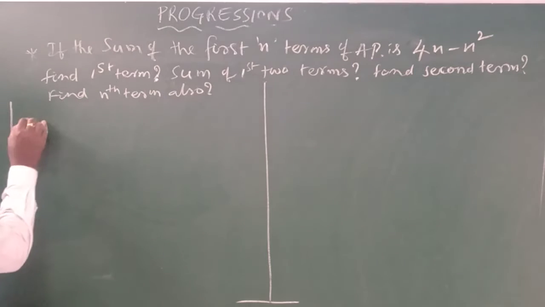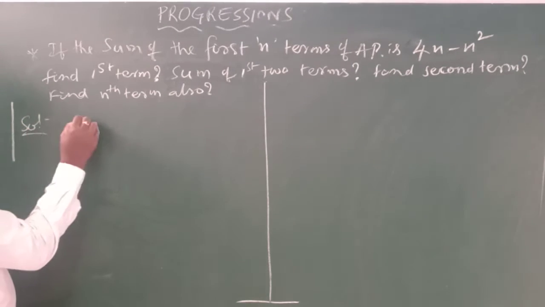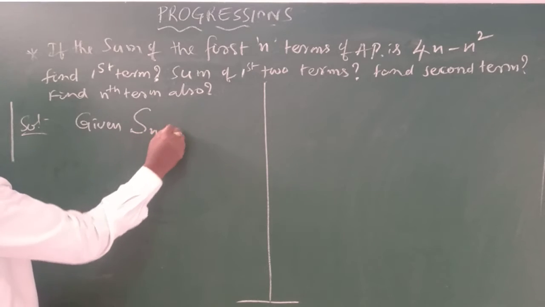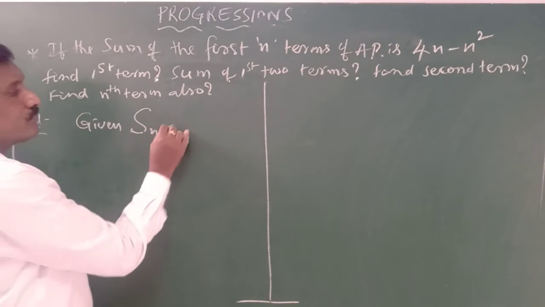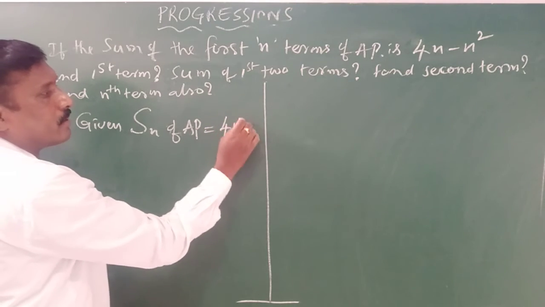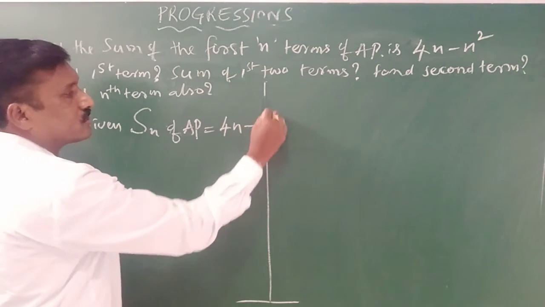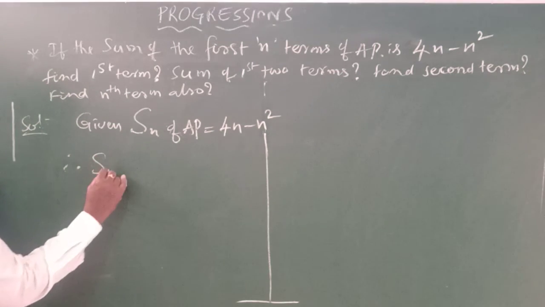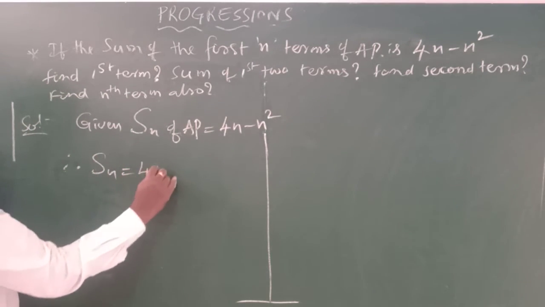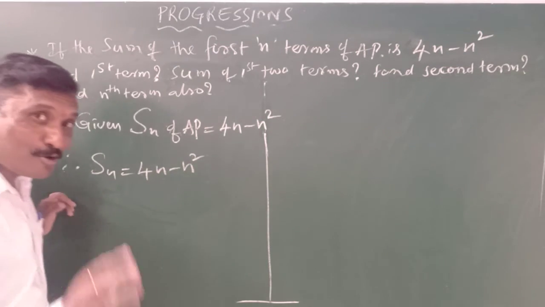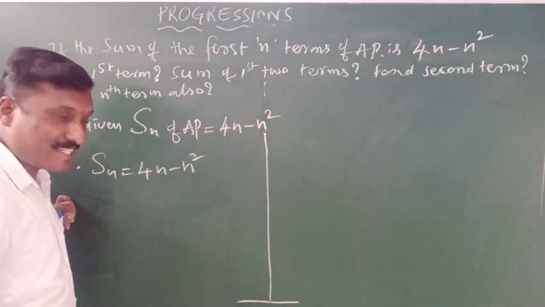Here, what information is given? Sn of the AP is equal to 4n minus n square. That is, the sum of the n terms is equal to 4n minus n square. Now, observe the logic here.